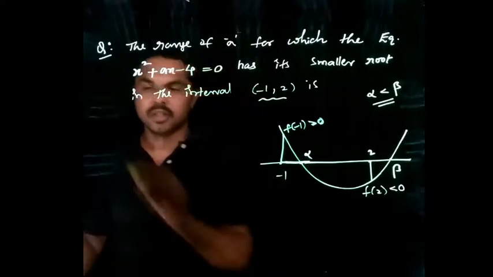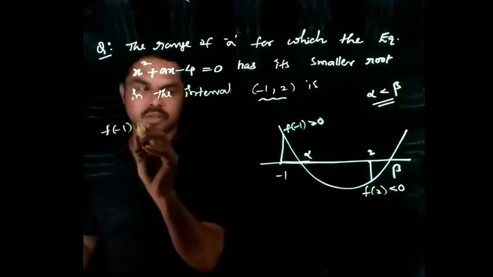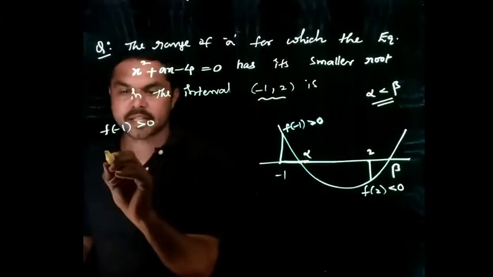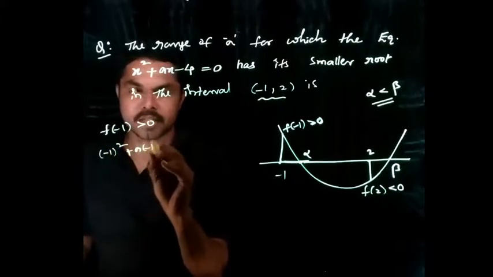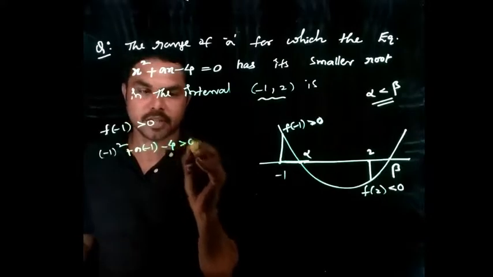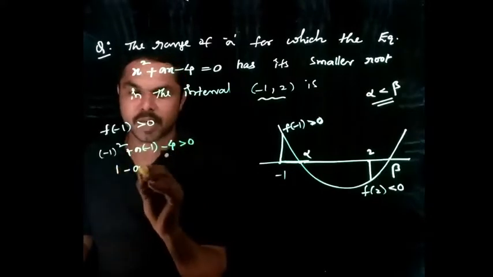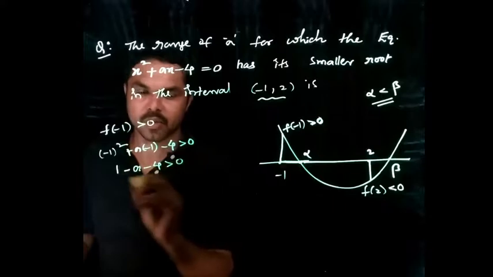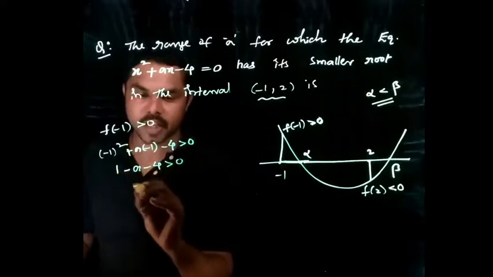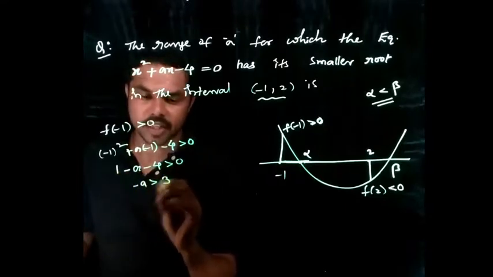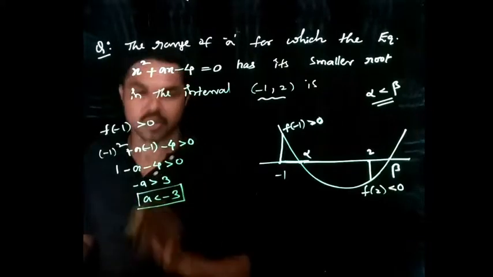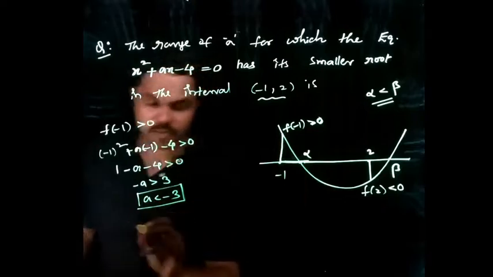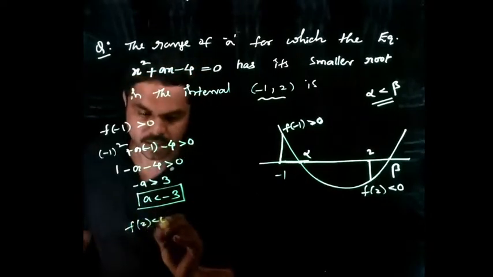Now find f of minus 1 is greater than 0. It's minus 1 square plus a into minus 1 minus 4 greater than 0. So this is 1 minus a minus 4 greater than 0. 1 minus 4 is minus 3. So minus a greater than 3, a is less than minus 3. This is one condition we have. Now find f of 2 less than 0.